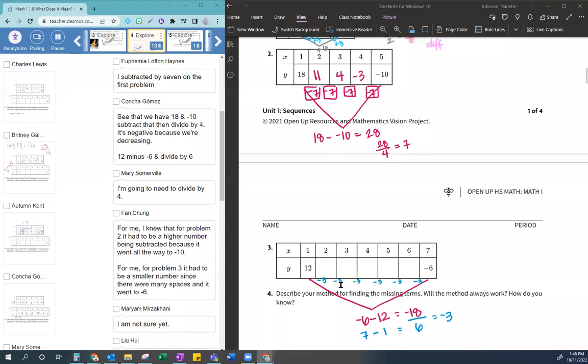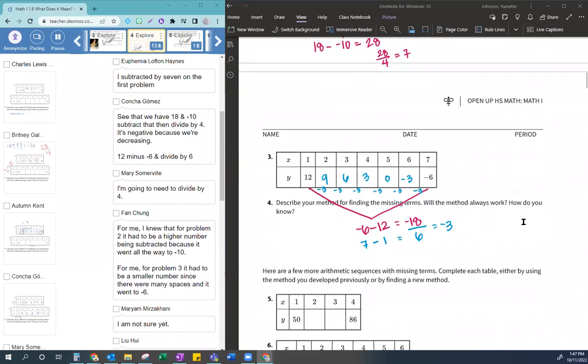Exactly. Very strong work here, people. Okay, so let me continue quick. So that's 9, 6, 3, 0, -3. And it lands me at -6. You should be able to describe how you found this. You should be able to do this now.